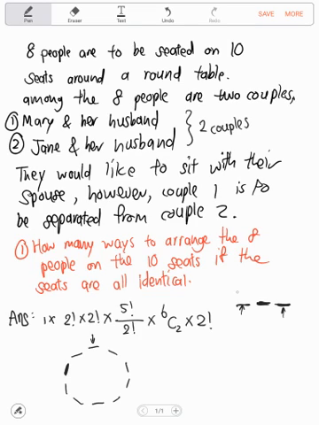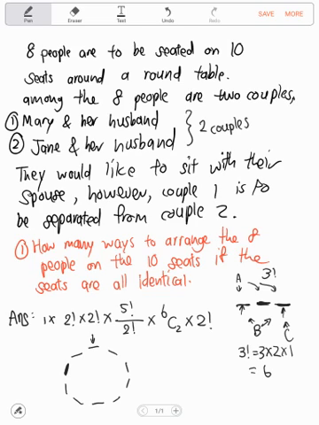So let's say there are 3 people, we can seat them in 3 factorial ways, because the first person A can sit on 3 seats. And once person A has taken 1 seat, person B has 2 seats to choose from, and the last person has only 1 seat to choose from. So it's 3 factorial, which equals 3 times 2 times 1 ways.